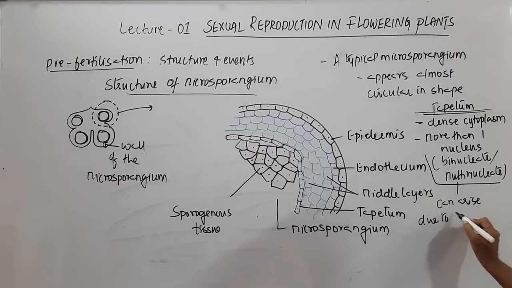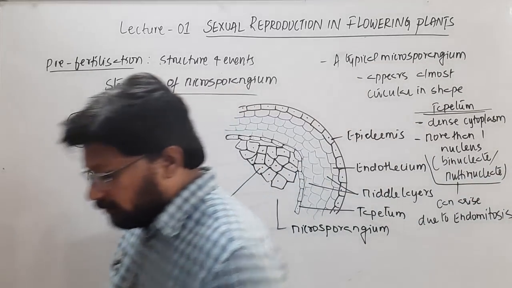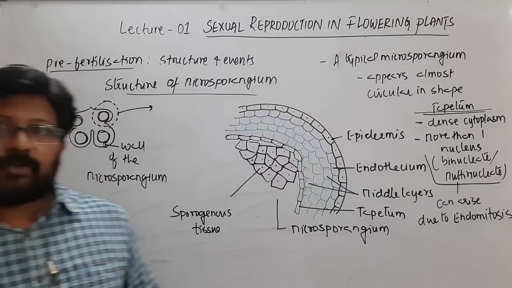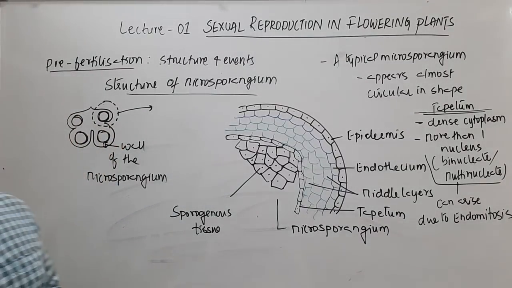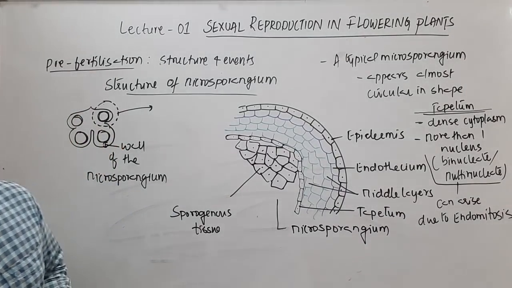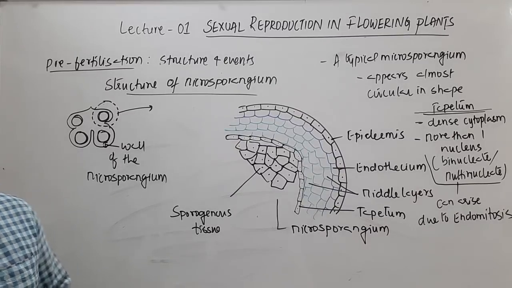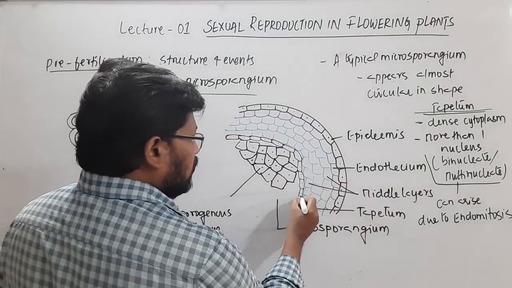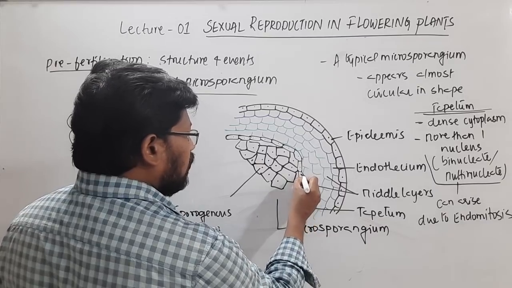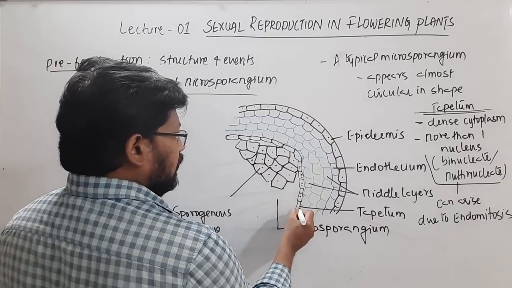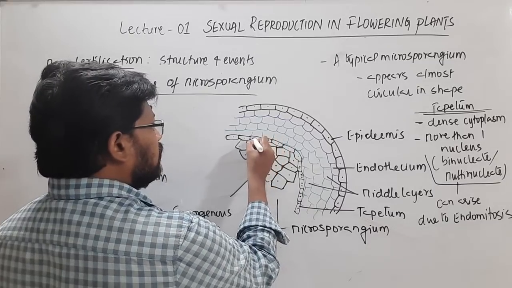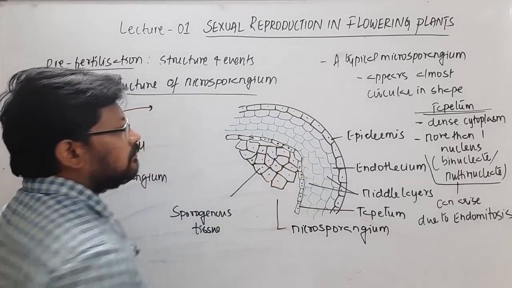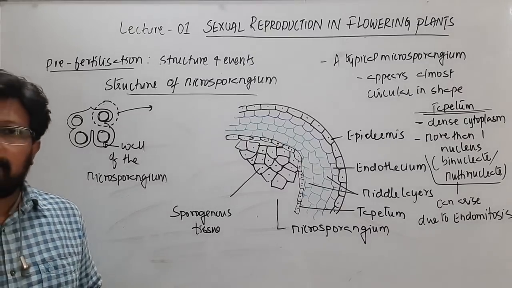This binucleate or multinucleate condition can arise due to endomitosis. In endomitosis, nuclear divisions take place but are not followed by cytokinesis. Because of that, the tapetal cells have more than one nucleus.